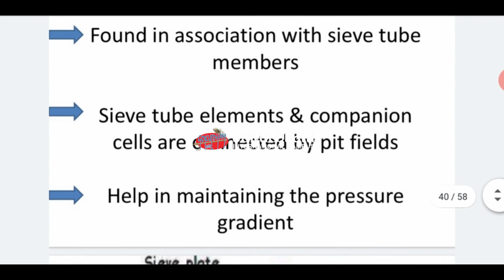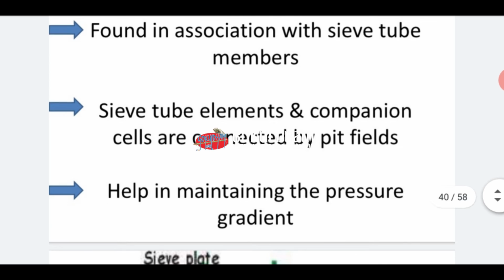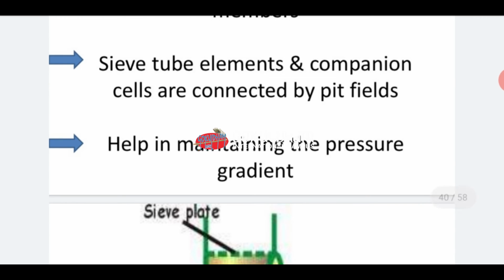Sieve tube element and companion cell are connected by pit fields, means the sieve tube element and companion cell are connected to each other by the pit fields and help in maintaining the pressure gradient. Means this companion cell helps the sieve tube element in maintaining the pressure gradient, which is more important in terms of transportation of food and water.